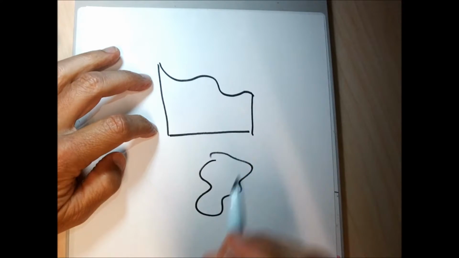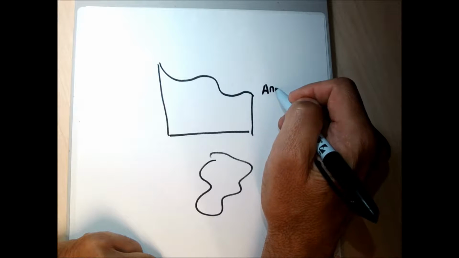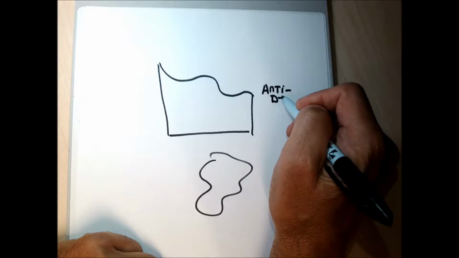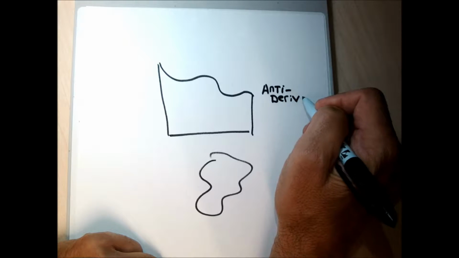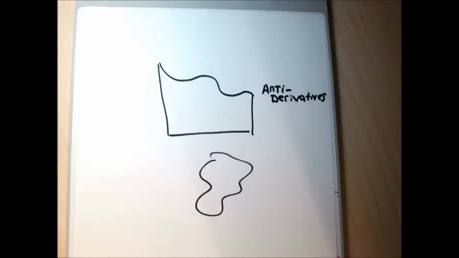To find the exact area of a figure with irregular sides, it takes integrals or antiderivatives. You can't find the exact area with just basic geometry formulas, but we can estimate the area with geometry.